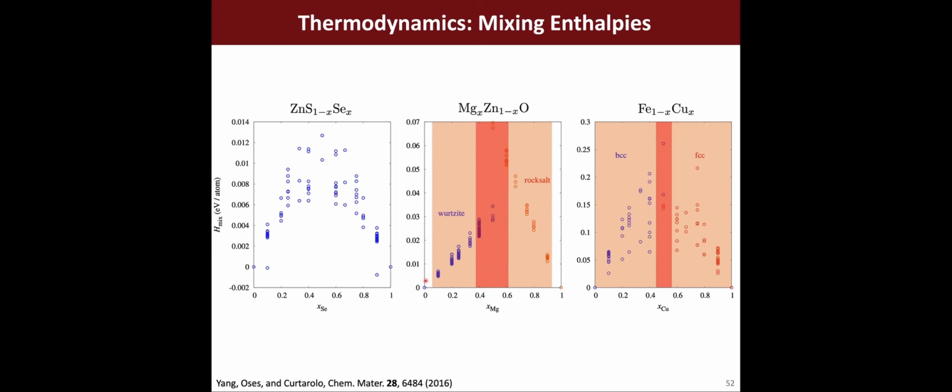We have the edges here, that's fine. But inside of this light orange range, if we try to synthesize the bulk material here, the material actually phase separates. Okay, so it doesn't form a solid solution. If you try to do it with thin films, there's actually a tighter region of immiscibility. Okay, and that's that dark red here. Now, the same can be said for the iron copper system where the enthalpies of mixing are much larger.